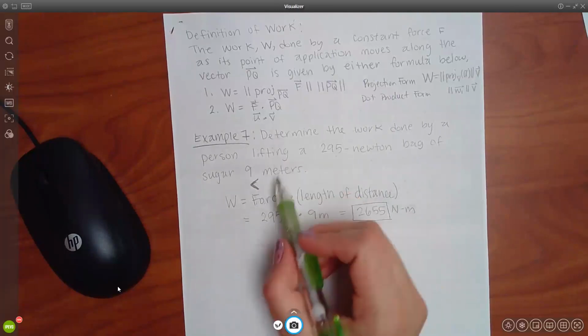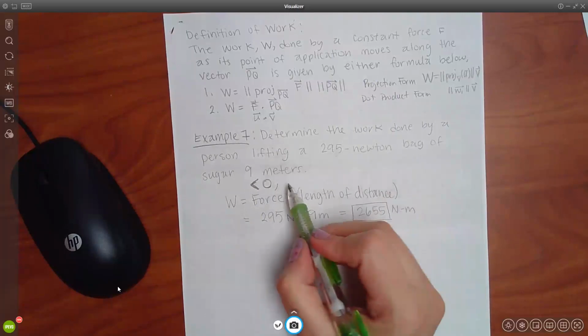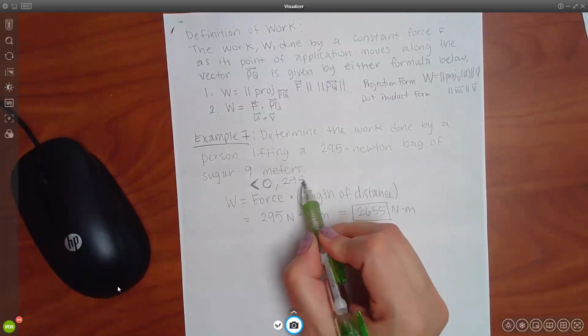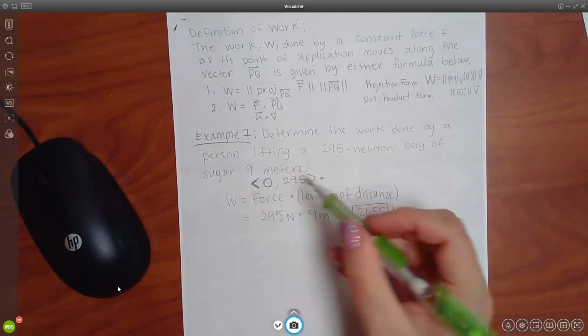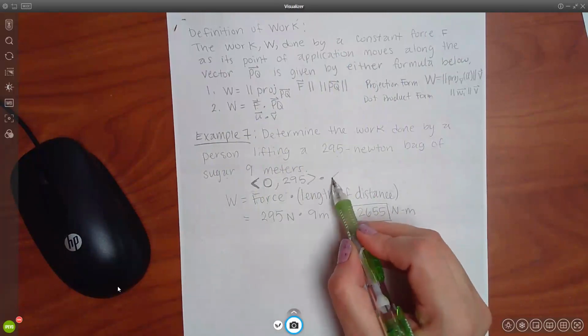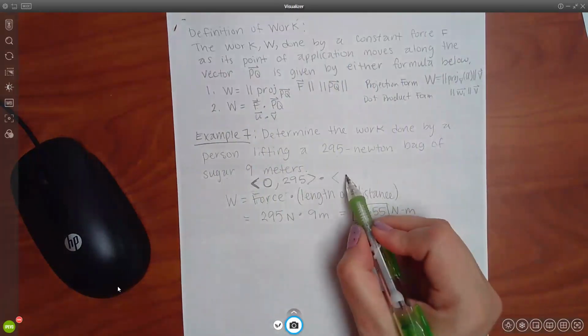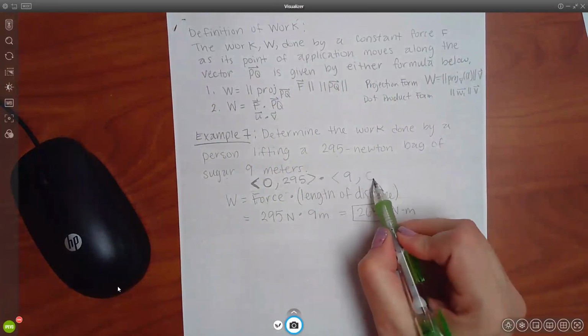And if I'm lifting, I am not moving left or right. I am only moving up 295 newtons. And then for the bag of sugar, it is going to be moved. And normally when you're moving, you move toward the right, the positive direction. So I will be moving it 9 meters toward the right, but I will not be moving it up or down.